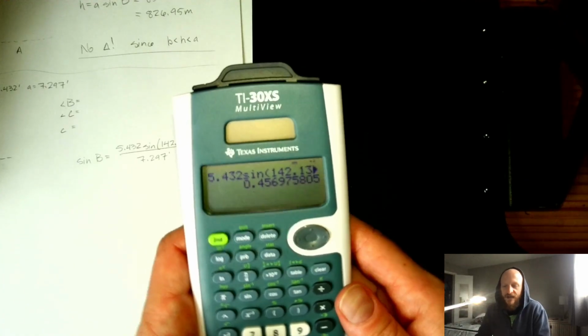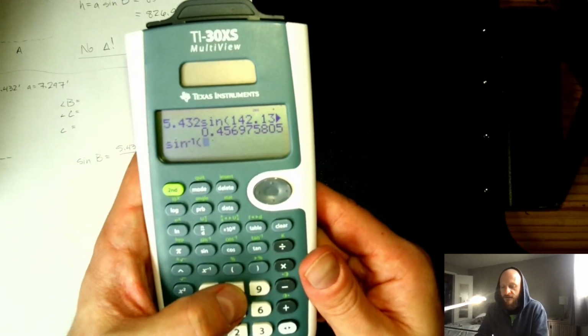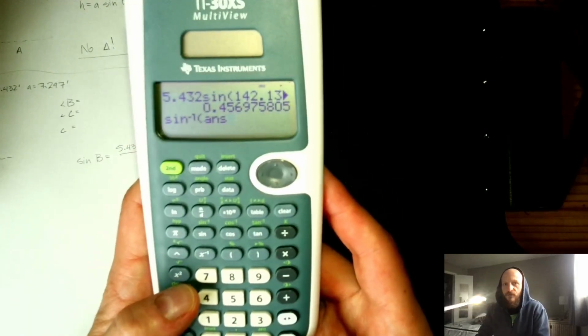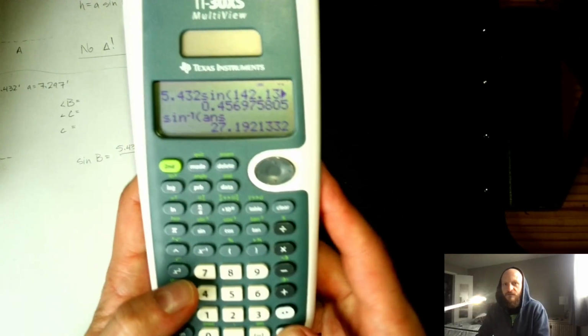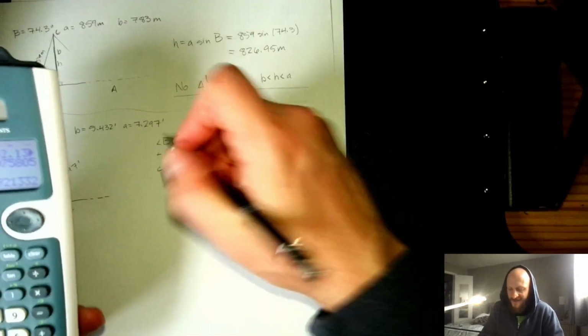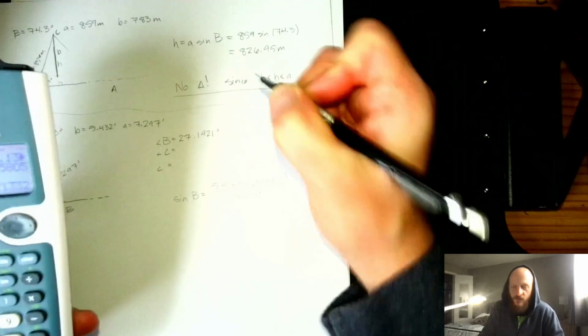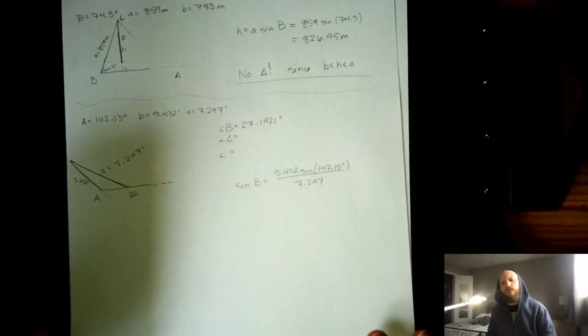We don't want the sine of B, we want B. So I'll do second sine to get sine inverse, second answer to pull up the previous answer. What does it give me? 27.1921. That's angle B. 27.1921 degrees.